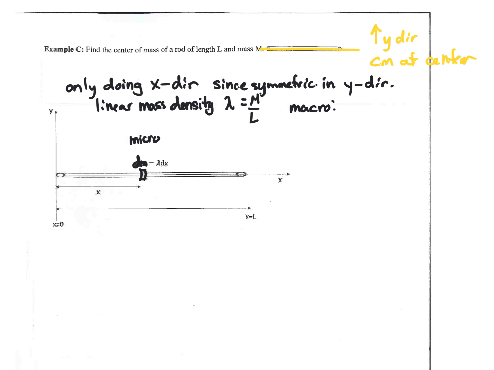All right, so now here we go. Let's rearrange our macro. We have density equals mass over length, but I want the little slice of mass, so I'm going to rearrange this to have big M equal lambda L. Lambda is a constant, so when we go from macro to micro, M becomes dm, lambda stays constant, and length becomes dl because we don't know the location.